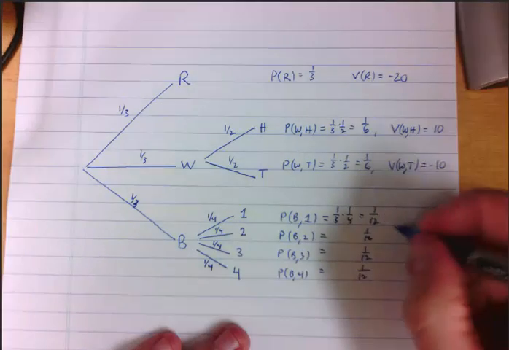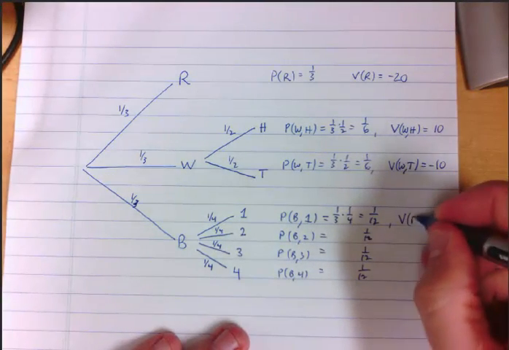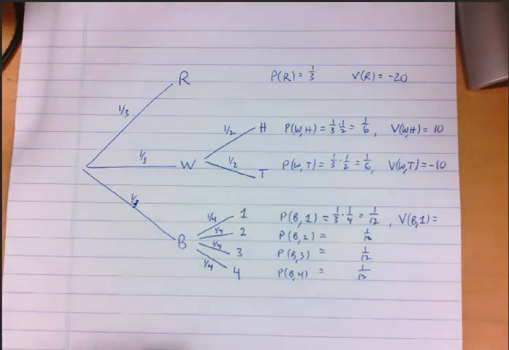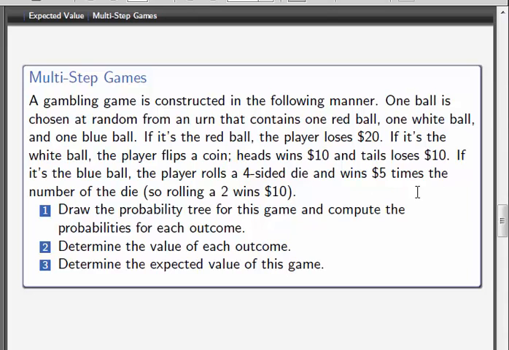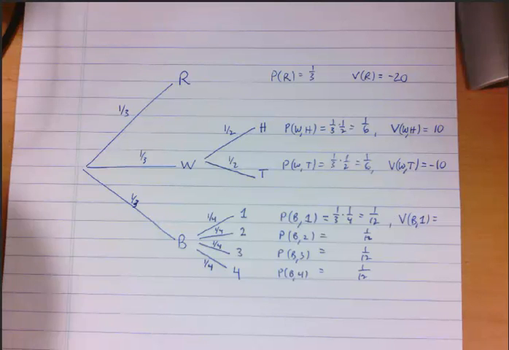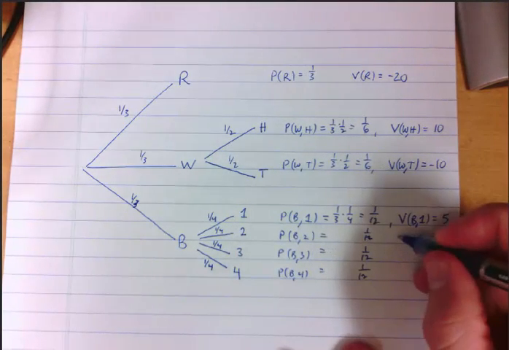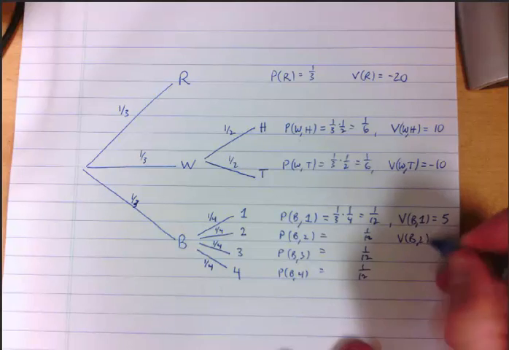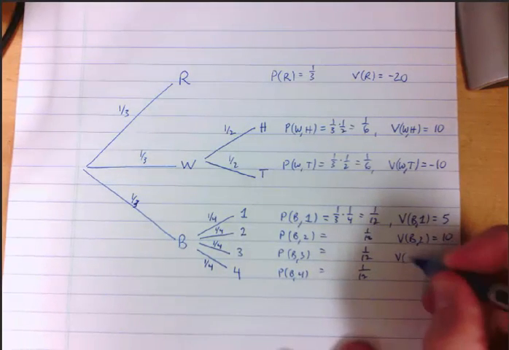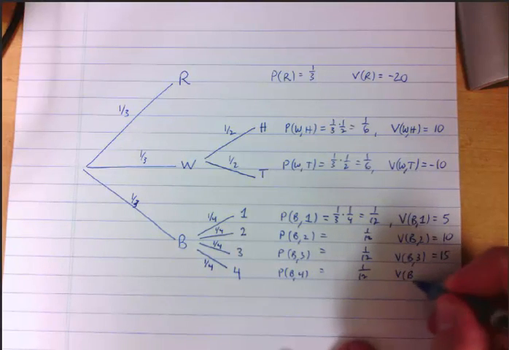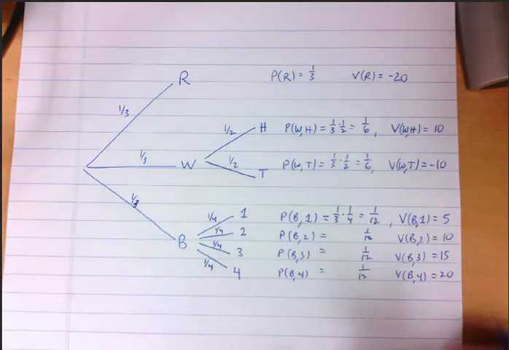The value of a blue ball with a 1, well, you would get $5 times the number on the die. So if we roll a 1, we're going to get $5. If we roll a 2, it would be $10. If we roll a 3, we get $15. And if we roll a 4, we get $20.